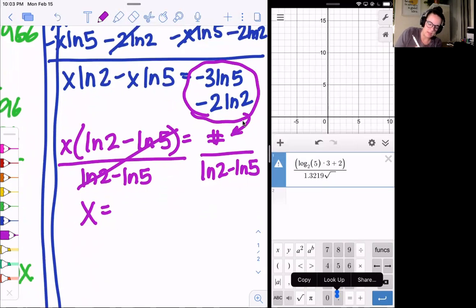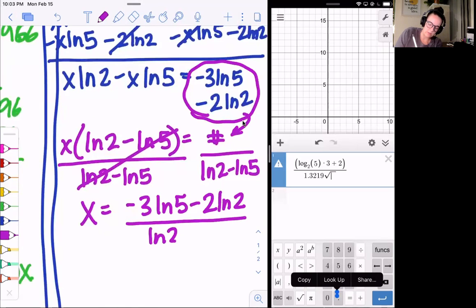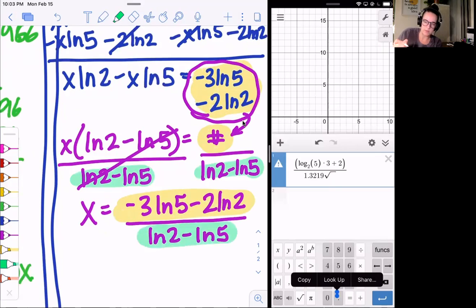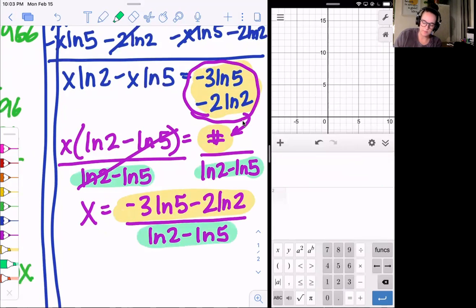So I'm going to have negative 3 natural log 5 minus 2 natural log 2 over natural log 2 minus natural log 5. So this was my number that was on top. That is right here. And then I'm dividing this on both sides. And that's how this ends up on the bottom here. Here's the magic.